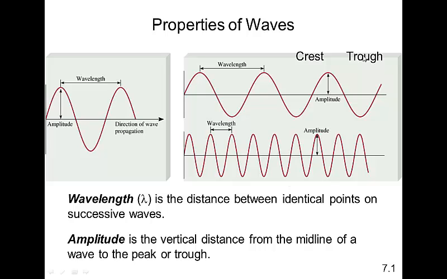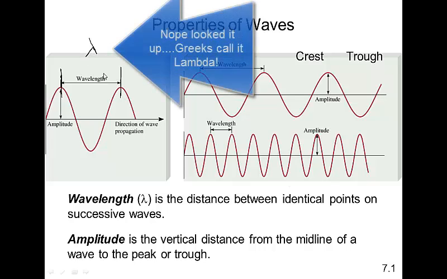Wavelength is the distance between identical points on successive waves. Easiest to measure it from peak to peak. So for example, just like it shows, this spot and the identical spot on the successive wave. The symbol is this Greek symbol, what I call an upside down Y, but I believe the Greeks call it the lambda symbol.